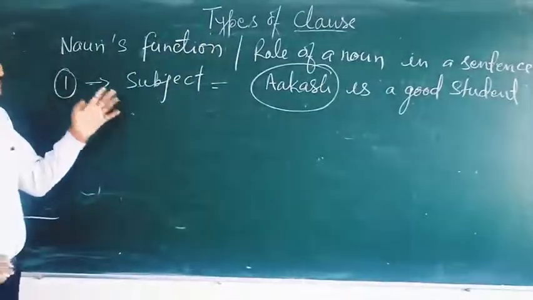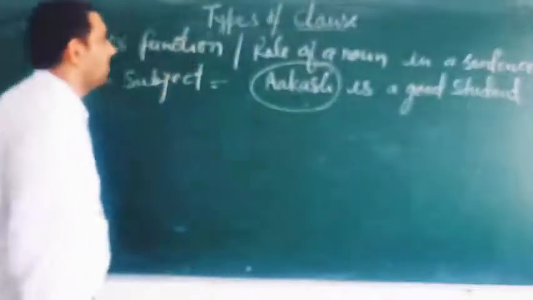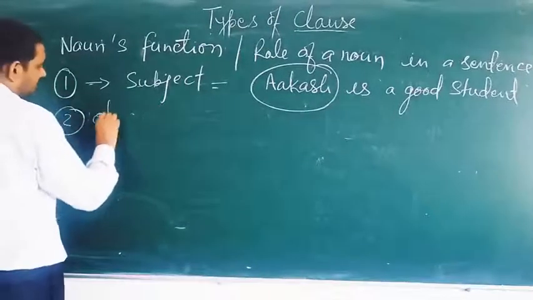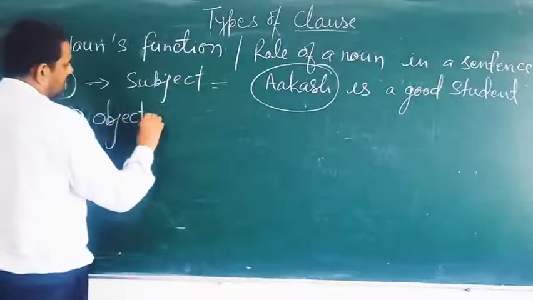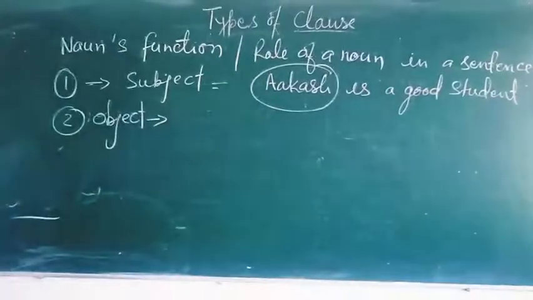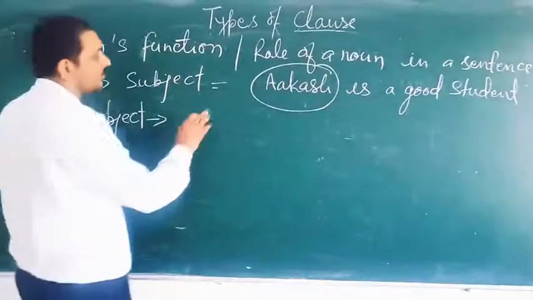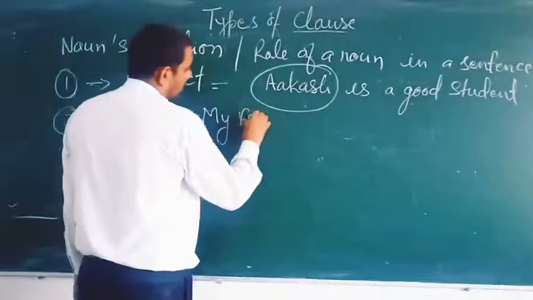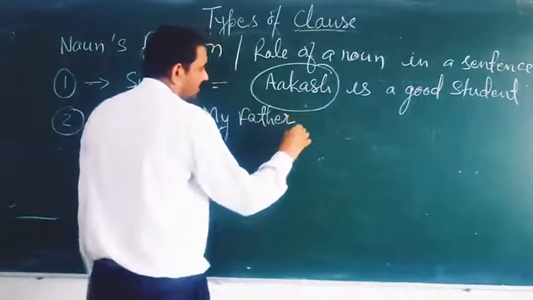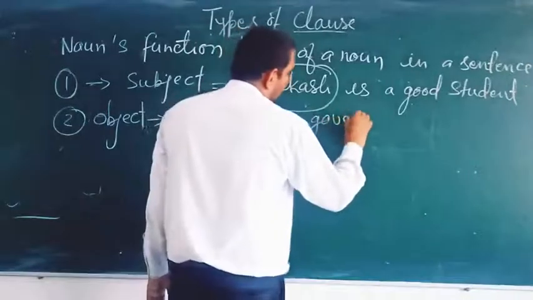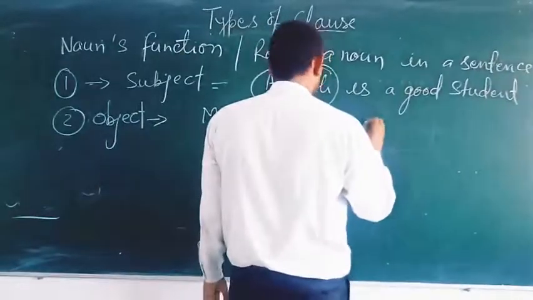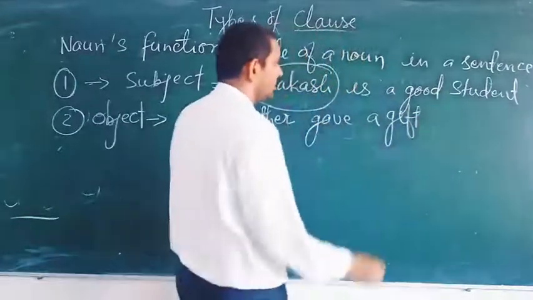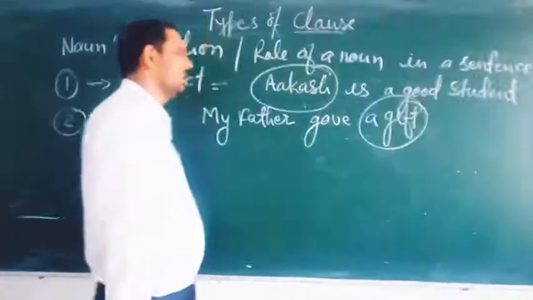Okay, so nouns may be the subject. Now second, as the object. Nouns may do the function of object in the sentence, just like my father gave a gift. So a gift is the object and that is a noun.